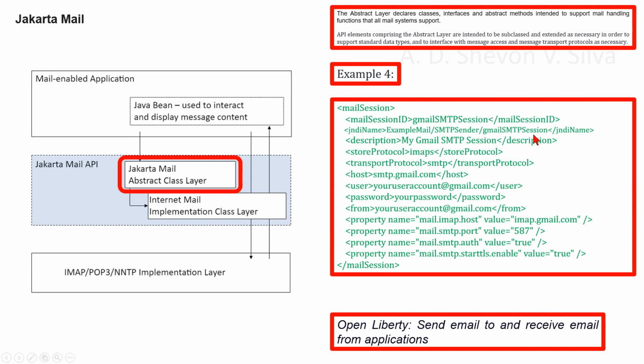If you use the standard JNDI context, java:comp/env/mail/gmailSMTPSession, specify the jndiName attribute as jndiName equals mail/gmailSMTPSession.